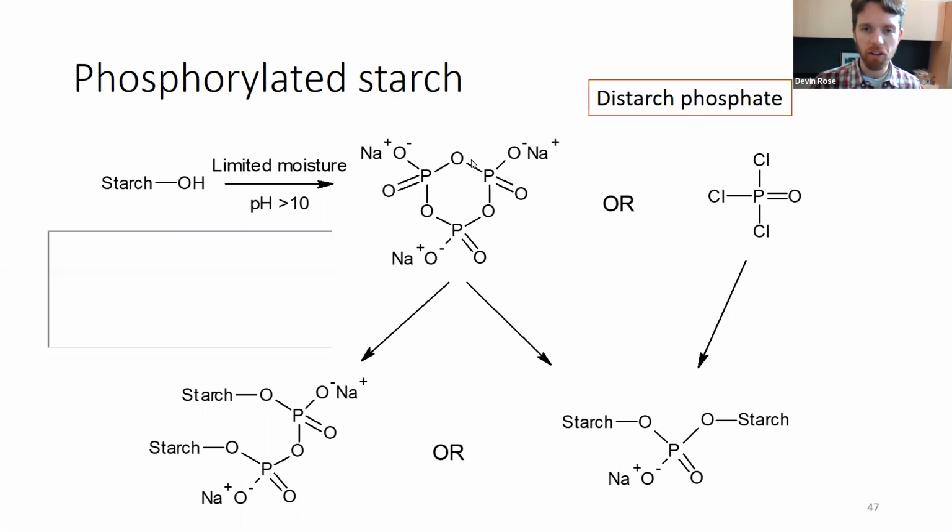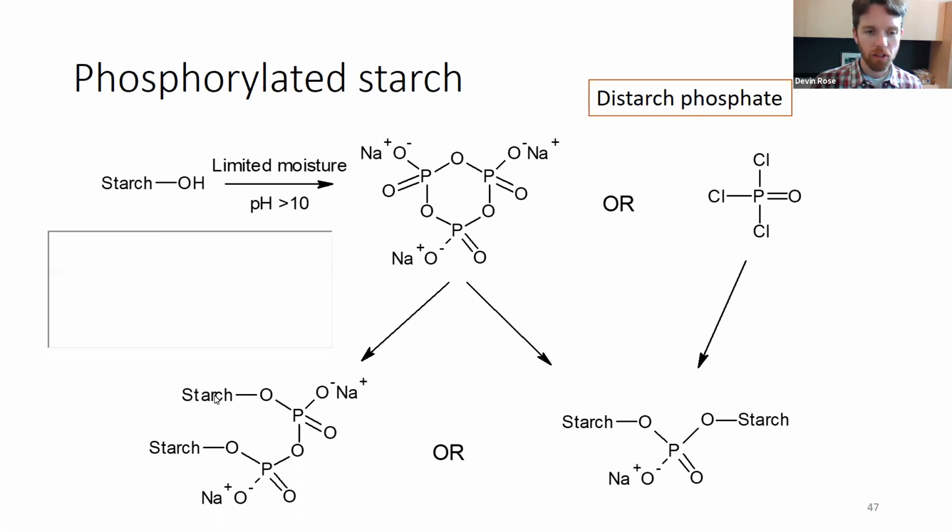And because we have all these phosphate anhydride groups here, there's 3 of them, then we can actually react in several places with starch. That's shown here. We've reacted in several places with this starch.